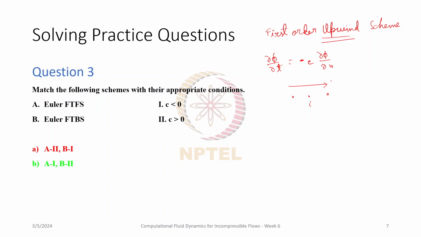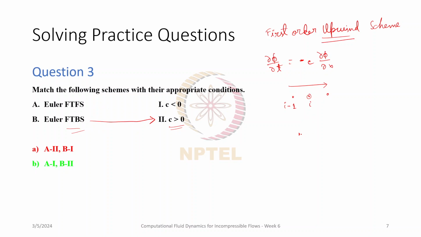So if flow is coming from left to right, we need to take the point to the left of our point of interest, which is I minus 1. So in this case, we need to take backward in space. So if C is greater than 0, we need to take forward in time, backward in space. That's why FTBS should be for C greater than 0.